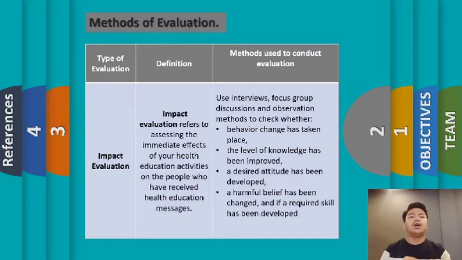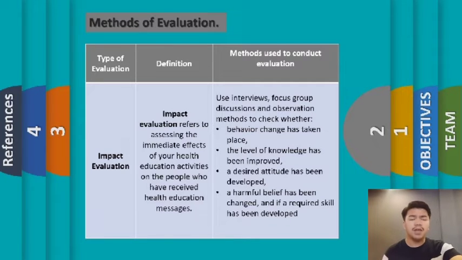So when you don't see any improvement in the people, it may be that there is something wrong with your interventions or your messages in delivering health teaching or health education. So there are processes for how to conduct this impact evaluation.